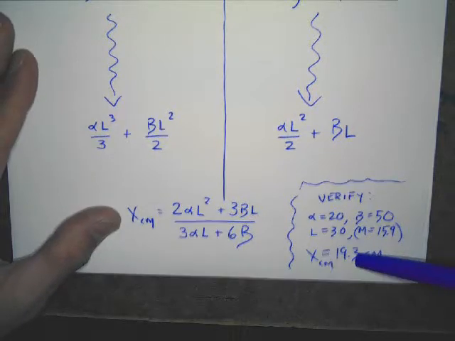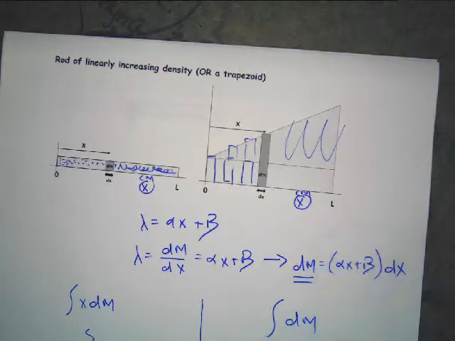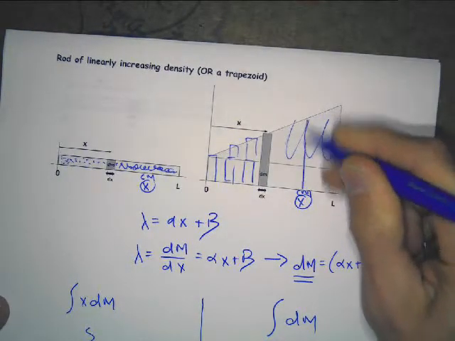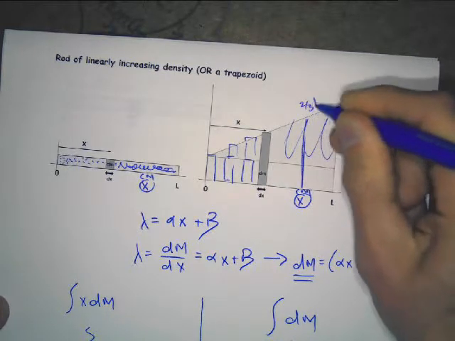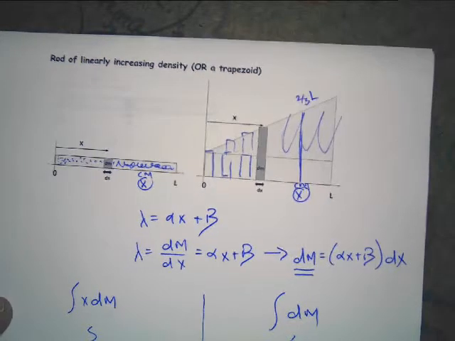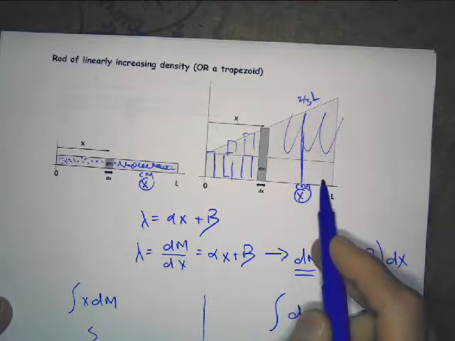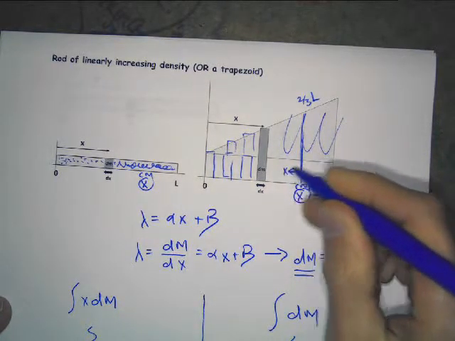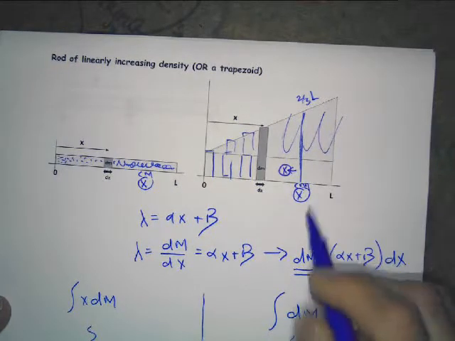So I guess it kind of makes sense if you go back to our picture up here, right? If this is the exact 2/3 line, 2/3 L, the effect of adding this extra rectangle of mass is to bump the center of mass over a little bit this way. I'll exaggerate it, right?